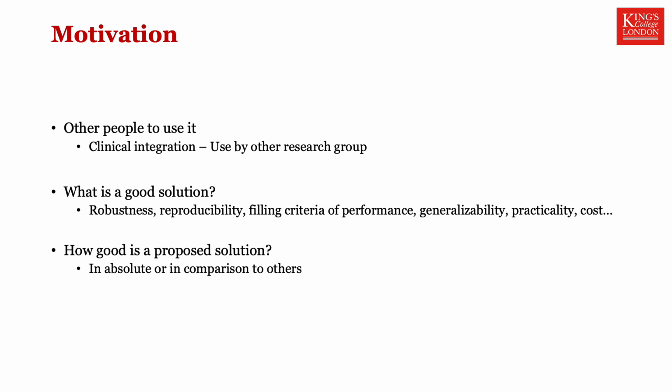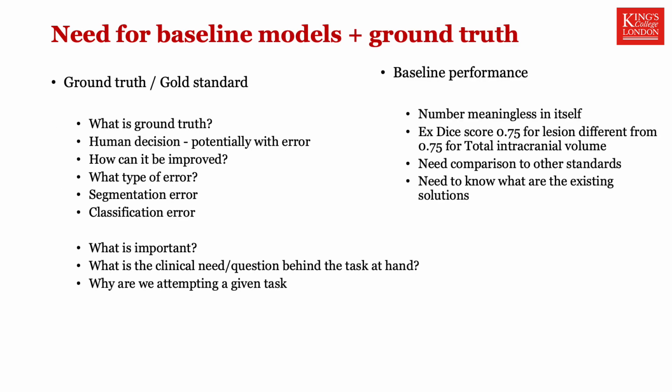Let's think a bit about the motivations that we have to try to validate or evaluate our model. Now, each time we are trying to compare to something, or especially when it's a question of classification, regression, or segmentation, you need to have something to compare to. You need to have a reference. And that's actually extremely difficult in the field of medical imaging because having a gold standard is actually very critical, and it's very, very difficult to get a good one.